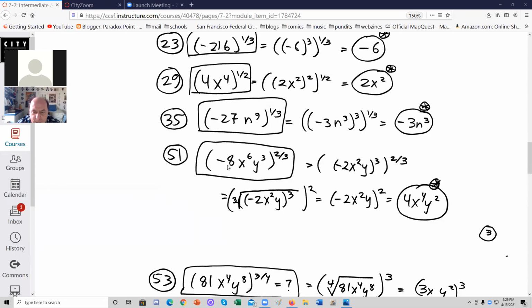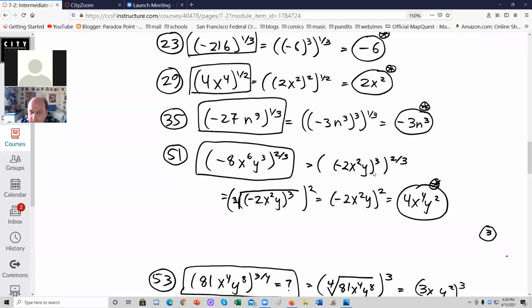All right, here's minus 8 x to the 6th y to the 3rd, to the 2/3 power. Well, negative 8 is negative 2 cubed. X to the 6 is x squared cubed. Y cubed is y cubed.